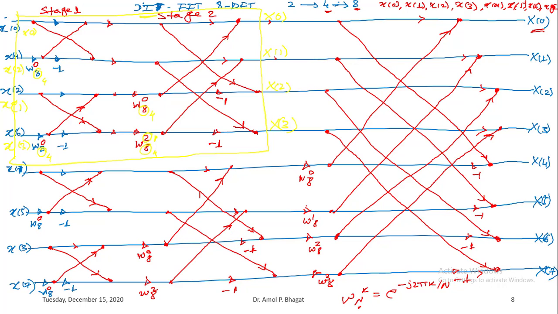So in case of DIF FFT, again I will go for this 8-point DFT using the DIF FFT algorithm. Okay, so this was for DIT FFT. Now we'll draw it for DIF FFT.